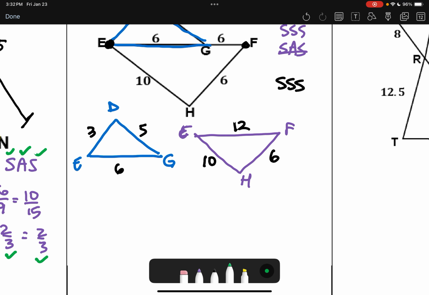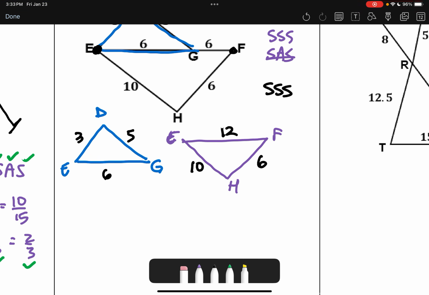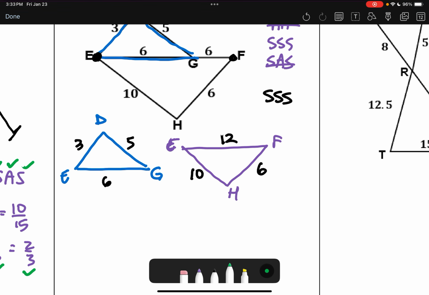So going through our process here, we look at the blue triangle. We have small, medium, large. Over here in the purple triangle, we have small, medium, large, right? So make sure you're taking your time labeling this, so that we're setting these ratios up correctly. Because if we look at small over small, what we have here is 3 over 6.